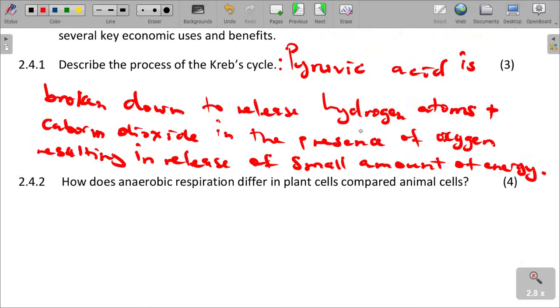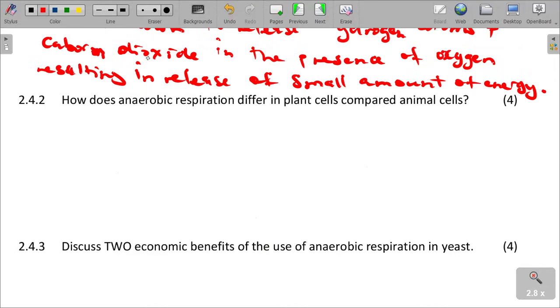We need to look at how aerobic respiration differs in plant cells compared to animal cells.